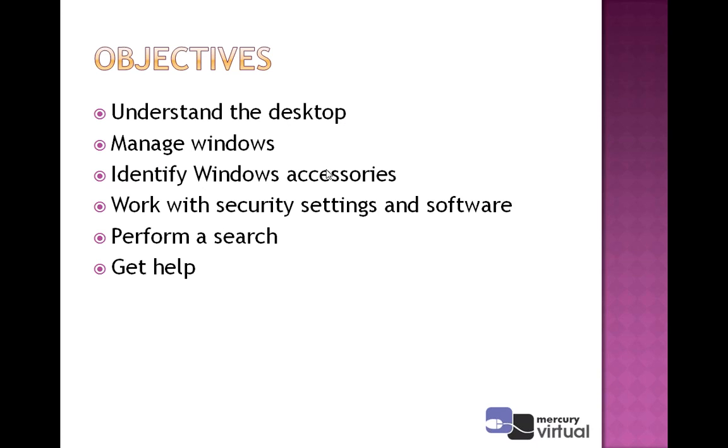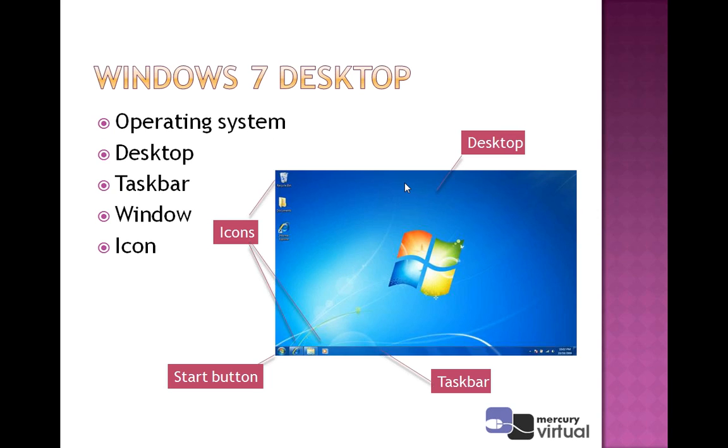Then identify the Windows accessories, that is the Control Panel, Notepad, WordPad. Then work with security settings, that is Windows Firewall, Defender and the software. Then also perform a search, means you can search anything from the Windows button, then getting help and support from Windows.